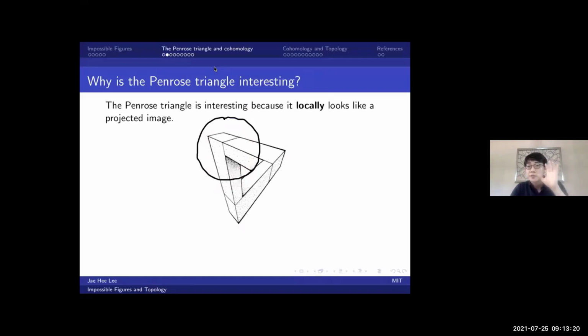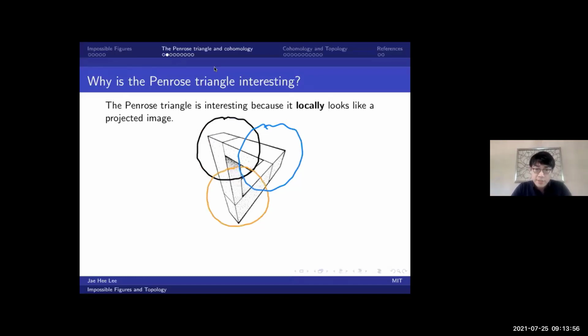So that object can certainly exist in 3-dimensional space. This is also true for other parts. Say I look at this lower third of this picture, then again, the part that's inside the orange circle just looks like an honest projected image of some 3-dimensional object. The same goes for this other part as well, right? So really, locally, this picture doesn't have any problem. The figure is an honest projected image of some honest object. So locally, there's no problem.